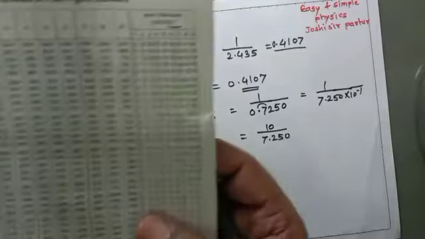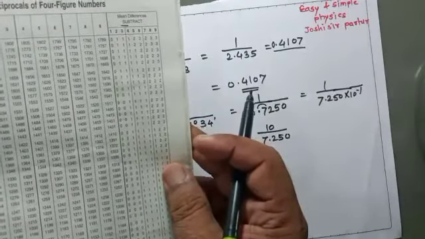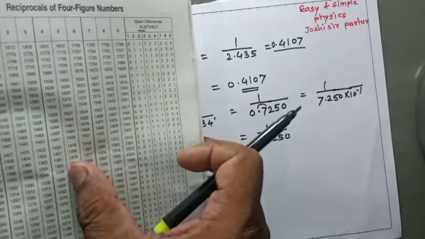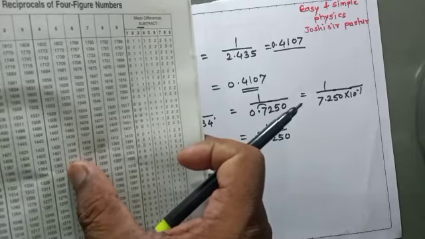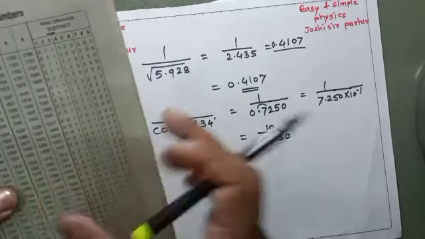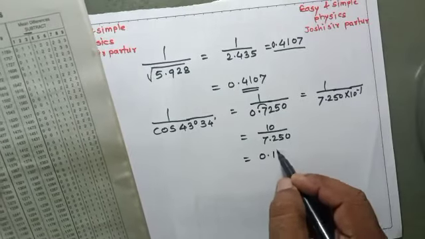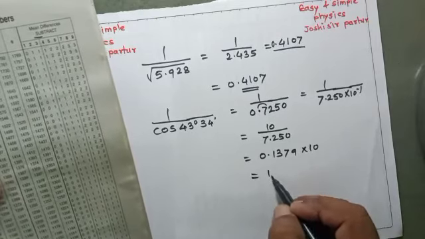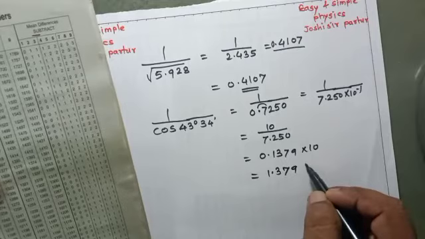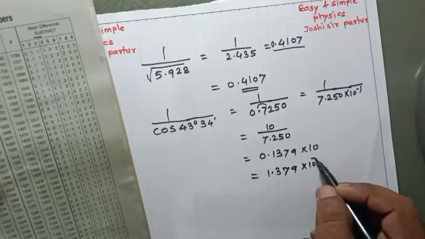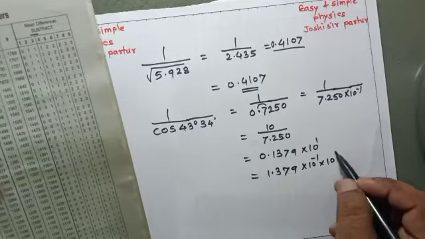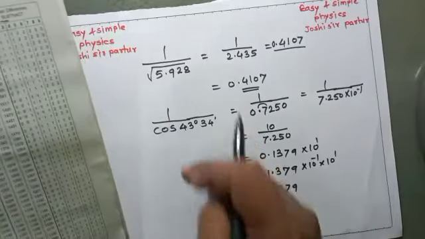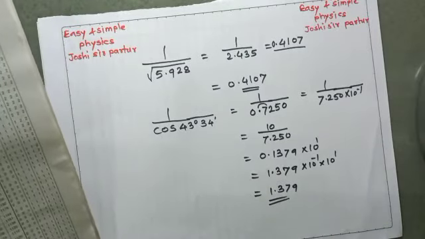So when we see the reciprocal of 7.2 in 5, that is 0.1379. 0 is not present in the mean difference. So your answer will be 0.1379 into 10. When the decimal point is shifted, the answer will be 1.379 into 10 to the power minus 1 into 10 to the power plus 1. So the answer will be 1.379. So we can directly find the reciprocal of a cos angle.